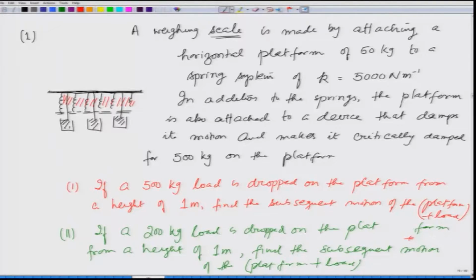So, let us see, just to analyze the problem, what do we have as the initial problem? Mx double dot plus Bx dot plus Kx is equal to 0. So, we have x double dot plus gamma x dot plus omega 0 square x equal to 0 when we solve this problem.